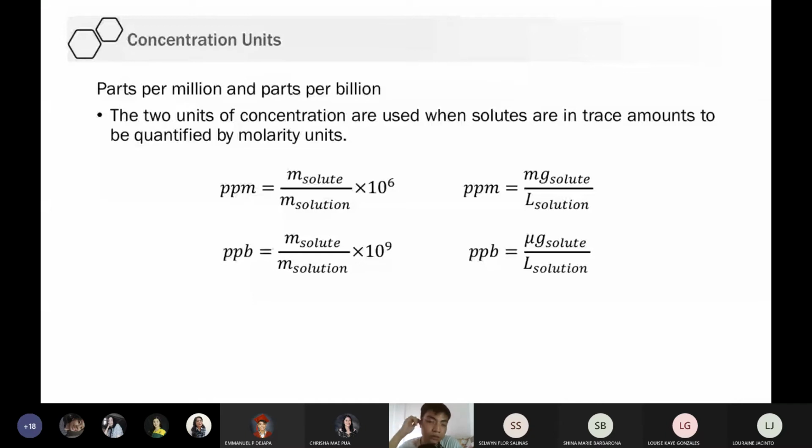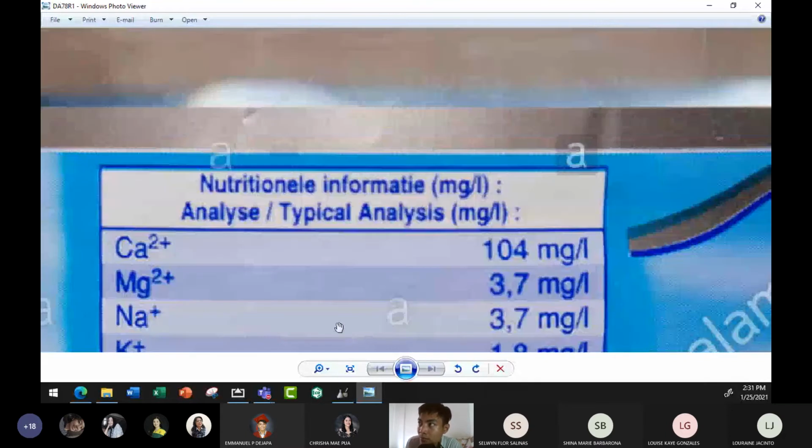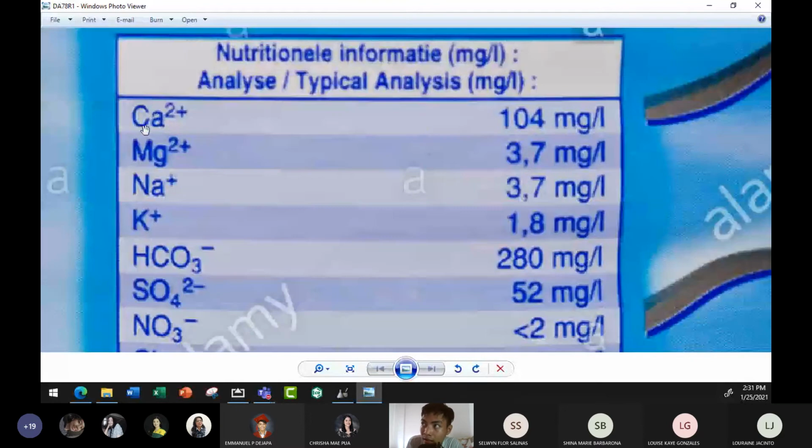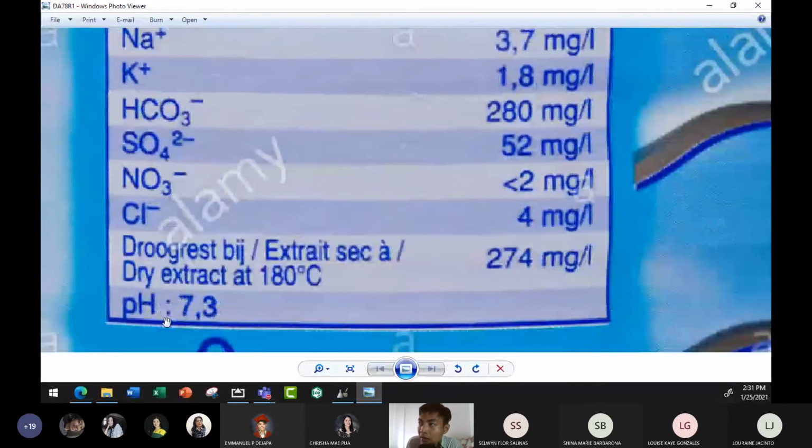Okay? So, saan to ginagamit? For example, sa tubig, no? For example, yung Maynilad or yung water bottle na to. So kung makikita nyo, every time na bibili kayo ng water bottle, sa likod, may mga ganitong info. Nakalagay calcium, magnesium, sodium, potassium, bicarbonate, sulfate, nitrate, chloride, etc. Okay?